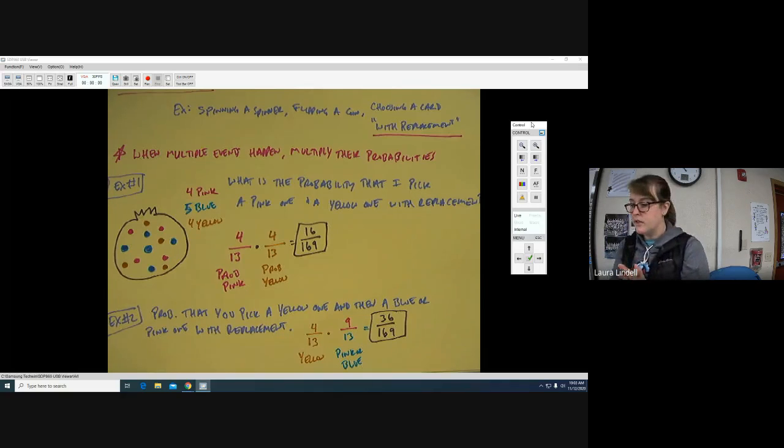So each time we're just thinking, how many ways are there to do what I would like to do out of how many total options we have? And then when there's multiple events, we're multiplying the probabilities so far. Okay. The next thing we'll talk about is dependent events, events that do affect each other.